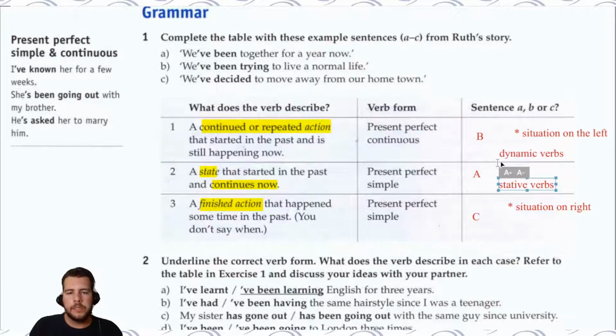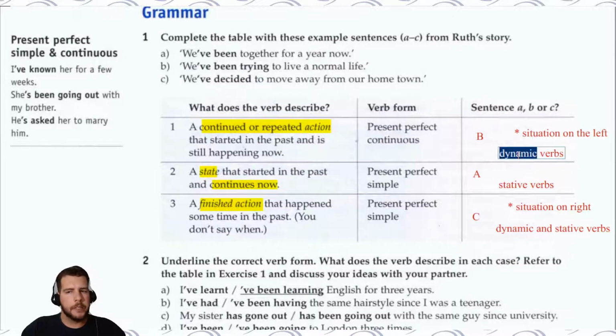But when you use the present perfect simple to talk about a finished action, you can use both dynamic and stative verbs here. Both are possible. So for this, use dynamic verbs, only dynamic verbs normally.